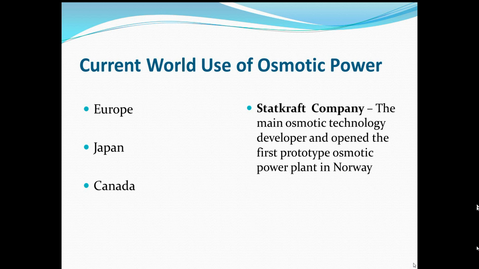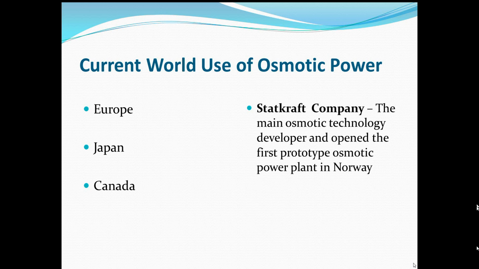The osmotic power plant in Norway is built on an estuary, so that we have a continuous supply of fresh as well as saline water. In Japan there is also an osmotic power plant, but it is slightly different from that of Europe.